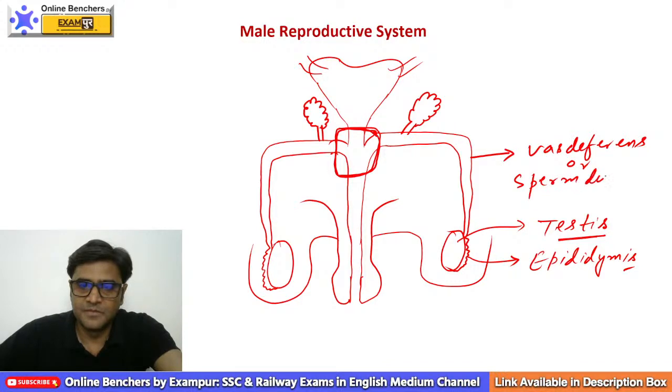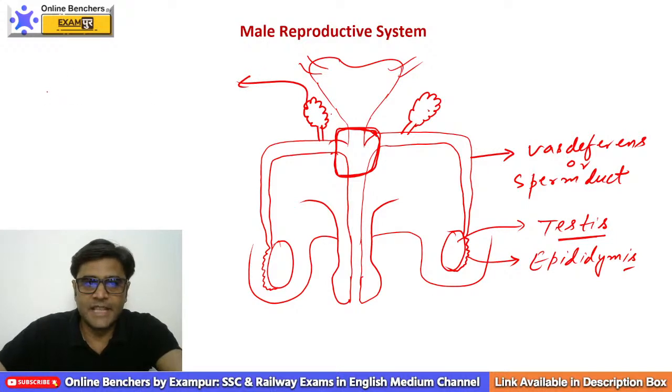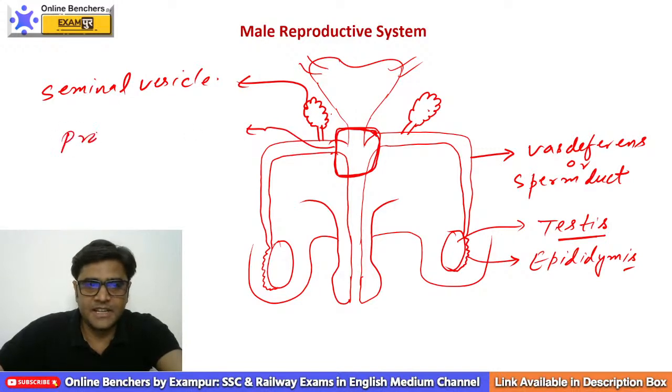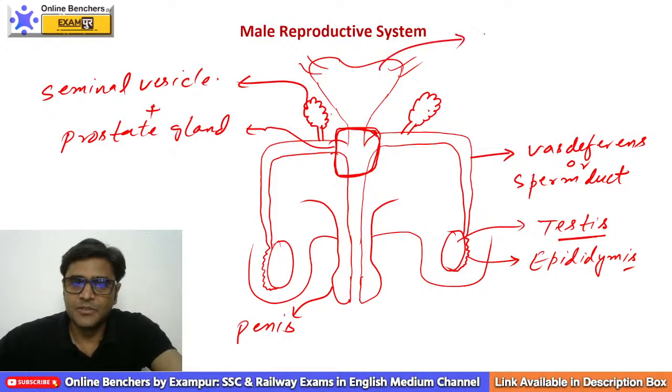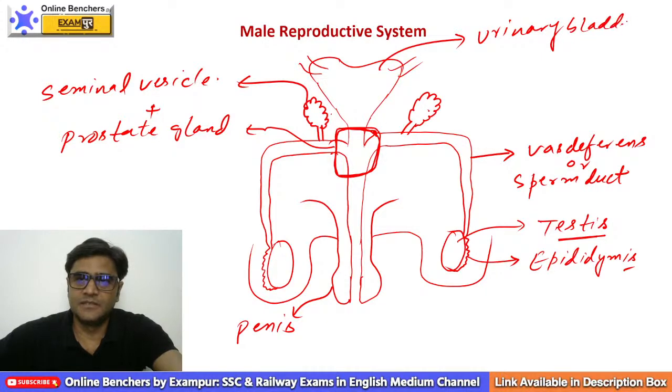These two glands are known as seminal vesicles, one pair, and this single gland is known as prostate gland. This is penis, and this is urinary bladder, part of your excretory system.